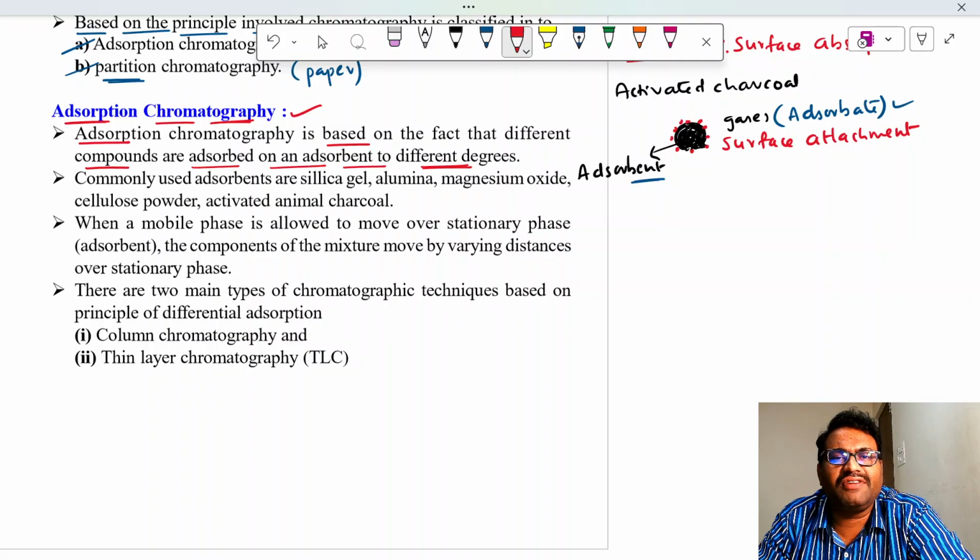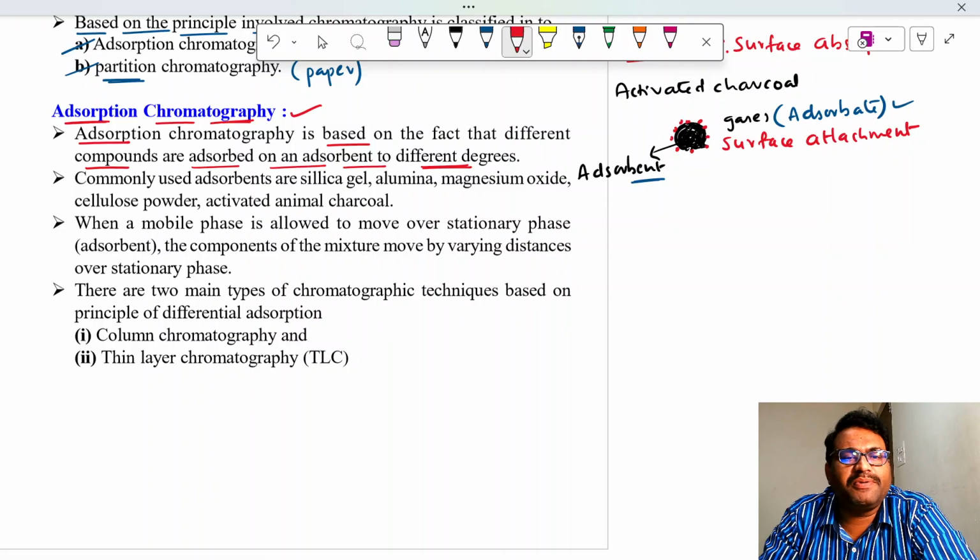Some adsorb more effectively, some do not. Depending upon their attraction, their adsorption capacity, different substances will adsorb to different extent. That is the principle here.